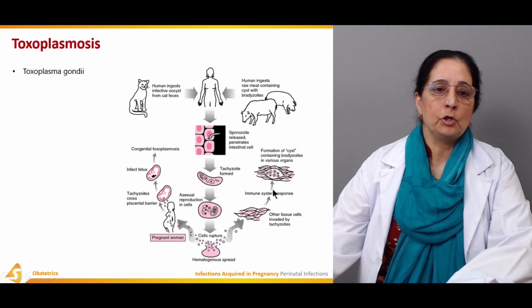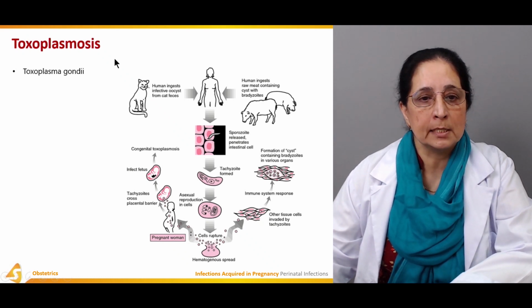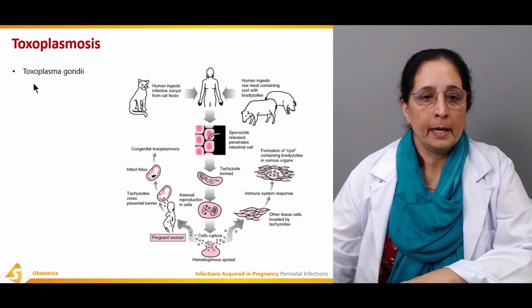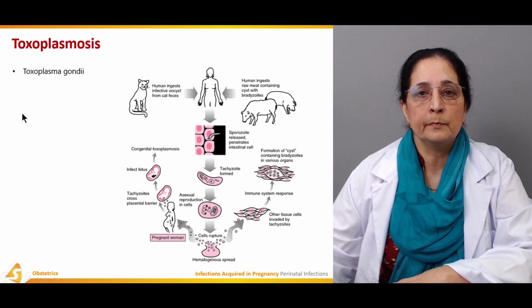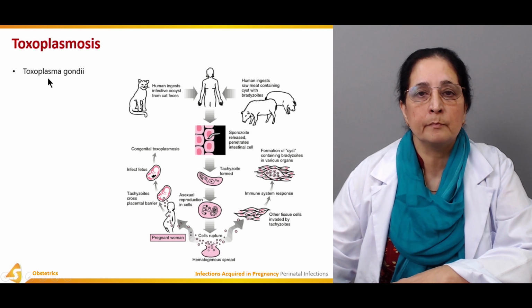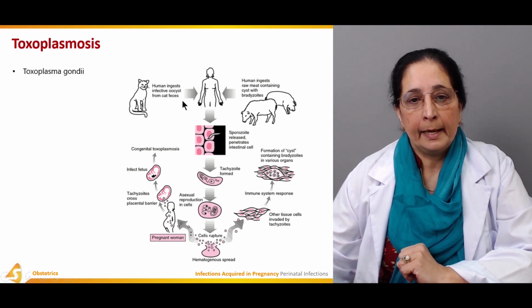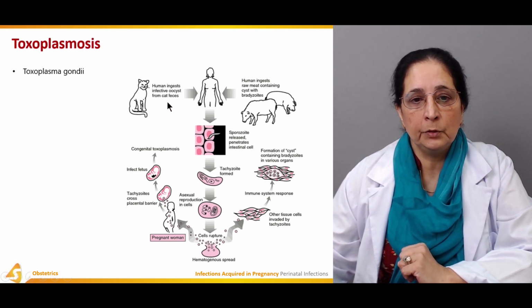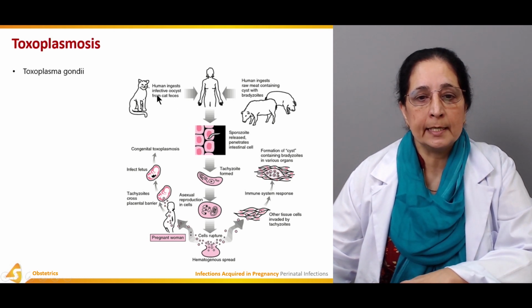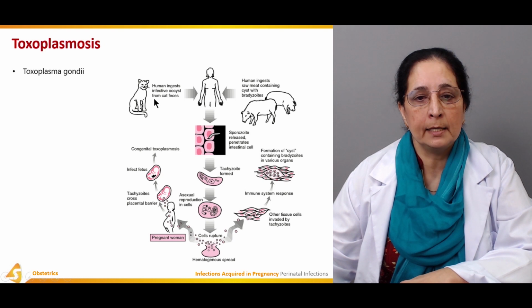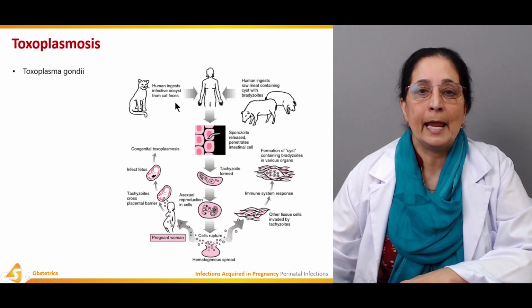Next condition is toxoplasmosis. The organism that causes toxoplasmosis is Toxoplasma gondii, and this is usually caused when humans ingest infective oocysts from cat feces.